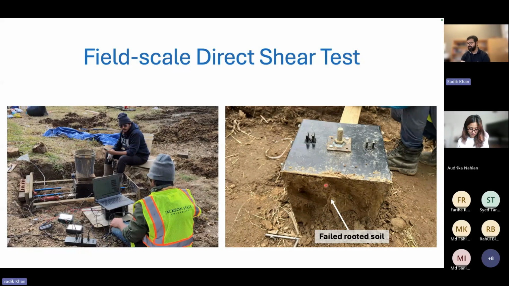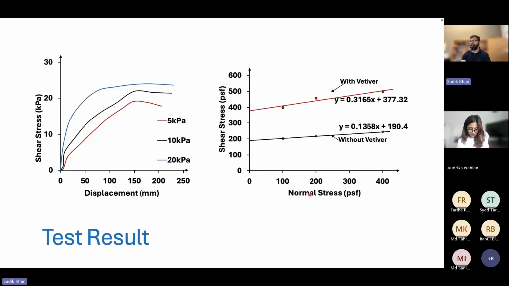The shearing is quite visible here at the bottom. And then you can also see the root system that has failed. That root system is also quite visible here too. And then here are the test results, and using the RAR method, we can see this is the condition without vetiver, and this is the condition with vetiver.